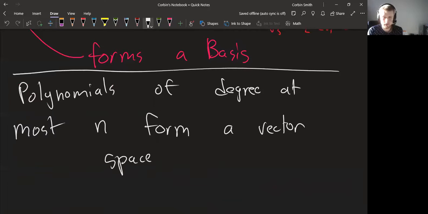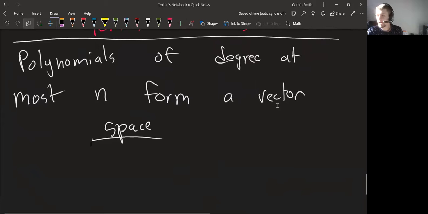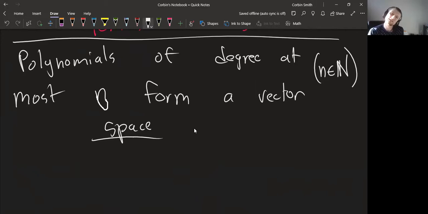So what is n? N could be 5. N is a natural number. That means that is a bad definition because it's assuming that it could be 0. Well, if it's a natural number, then actually it can't be 0.